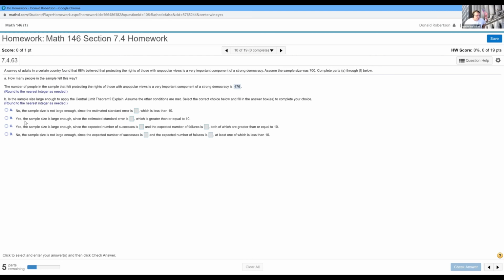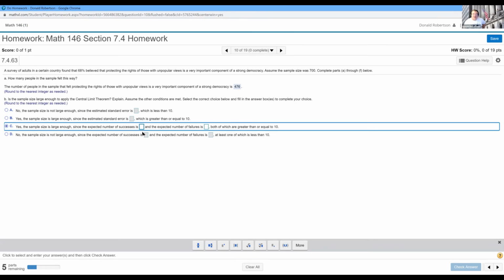So it's one of the yeses. Yes, the sample size is large enough since the expected number of successes and the expected number of failures are both greater than 10. So in this case, I'd be putting my 476. And then the difference.